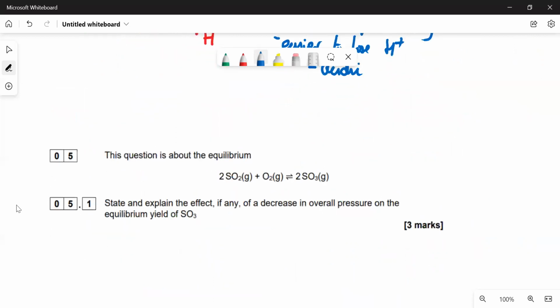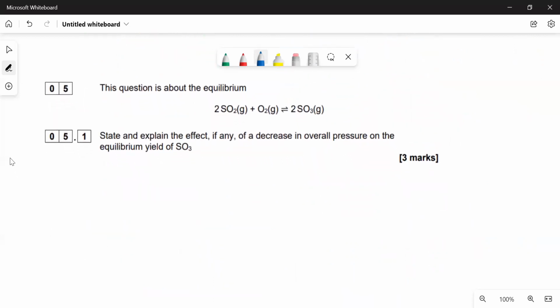Right. So now onto equilibrium. Okay, so fairly straightforward year 12, this first little bit here. State and explain the effect, if any, of a decrease in overall pressure. If you decrease the pressure, Le Chatelier tells us it's going to favor the side with the most gas molecules.